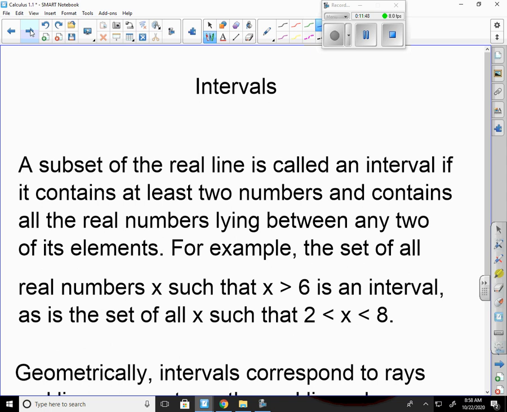So that's 6.1, 6.001. So that's at least two numbers, and it contains everything between 6 and infinity, going on forever. The set of all x such that 2 is less than x is less than 8 is also an interval. That's every number between 2 and 8.